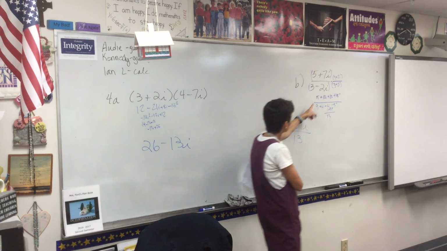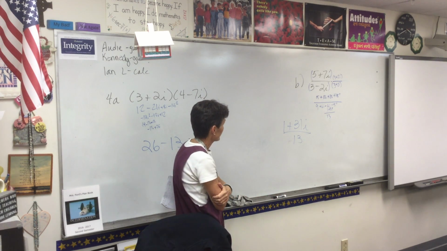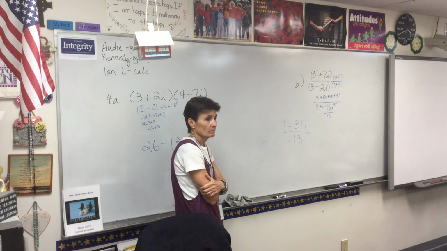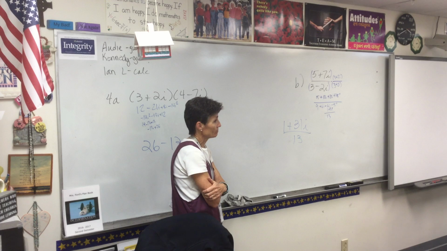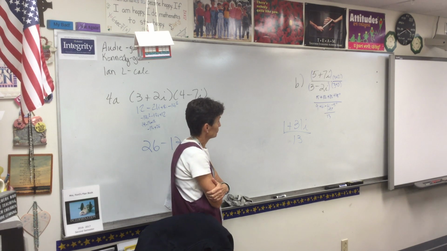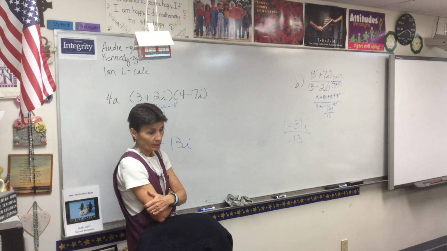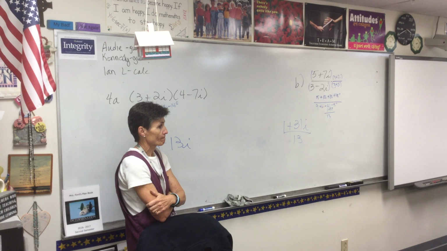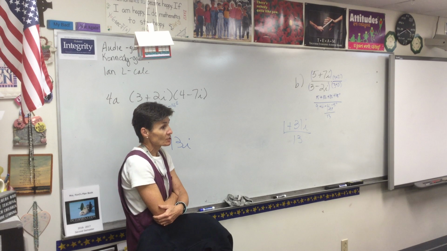So that's how we got 1. 15 minus 14. Any question about that? Good? Okay with foiling? Every i squared becomes a negative 1.